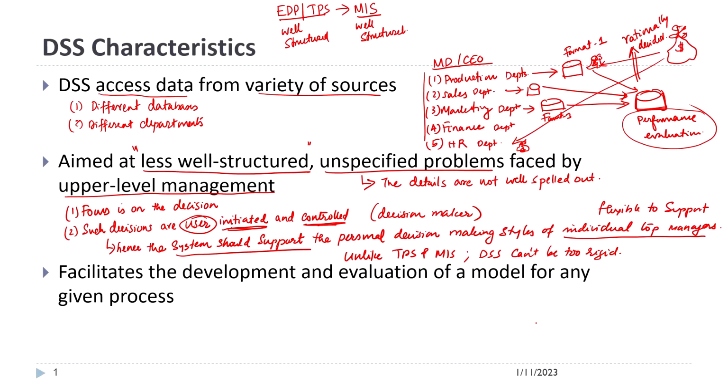The DSS also facilitates the development and evaluation of a model for any given process. It allows you to develop a model and it also allows you to evaluate the model. If you are given any process, can you create a model to capture that process and go from there.